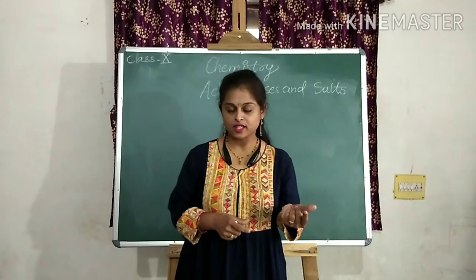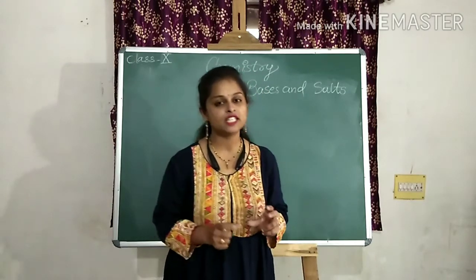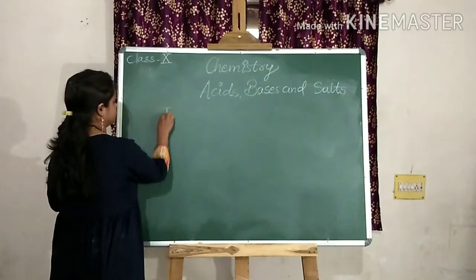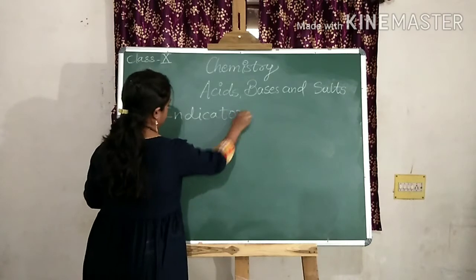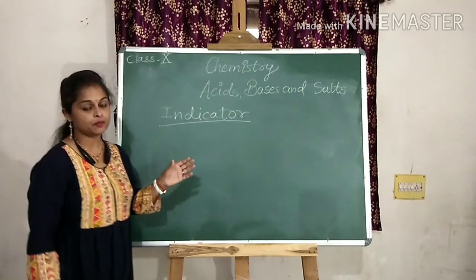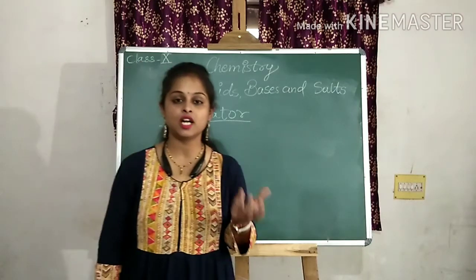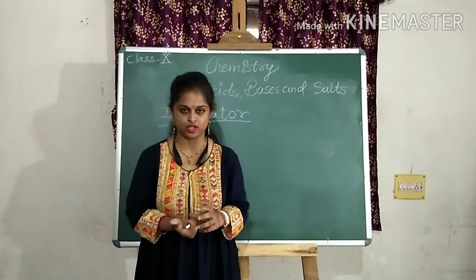To identify acids, bases and salts, we have to understand the term indicator. An indicator is nothing but a dye which changes color when it comes in contact with an acidic or basic solution.